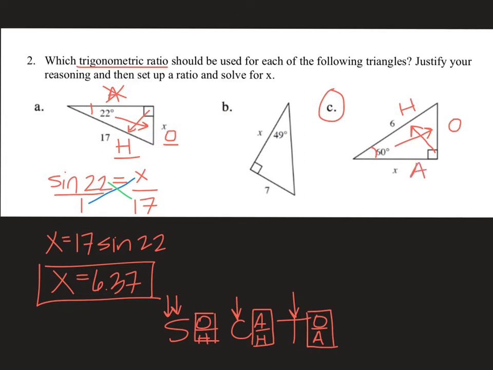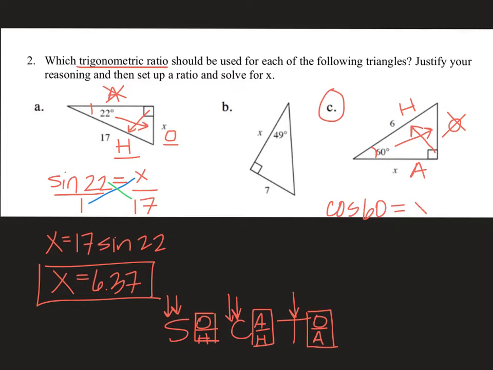Now what you should notice on this one is that we're going to cross off a different side. The opposite side is now the side that I don't have any value for, no variable, no number. So I'm going to use adjacent and hypotenuse, which means I'll be using the cosine function. My setup: cosine of my angle, 60, is equal to the adjacent over hypotenuse.